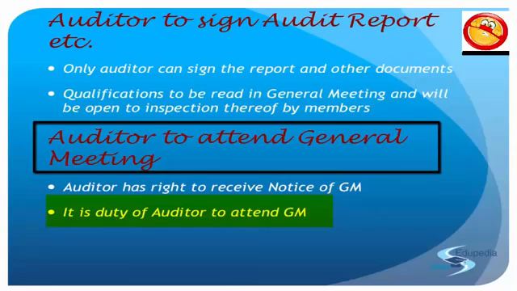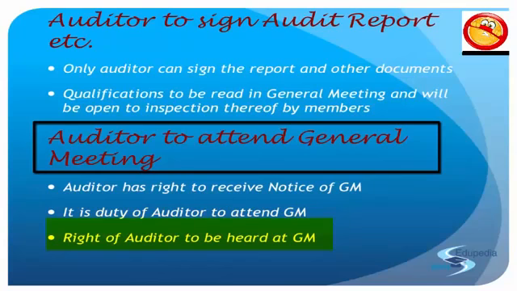Otherwise, there can be situations where the company has exempted the auditor from attending the general meeting. If the company did not exempt the auditor, he has to be present either individually or through a representative.